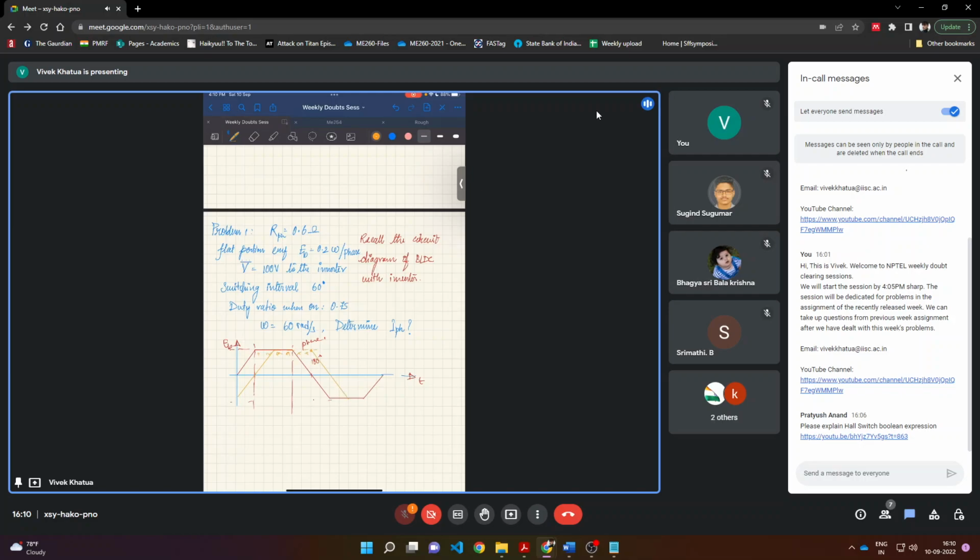Then we'll have another phase that is again at an offset of 120. Maybe I have not made it to scale, but you can understand from this as we are discussing. So black will be something like this.